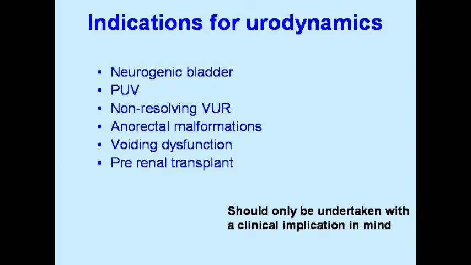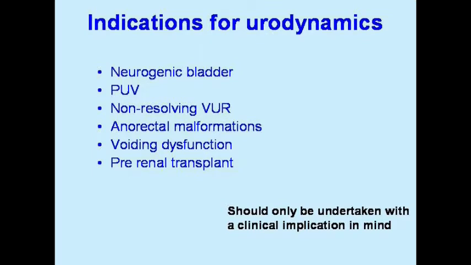The indications to perform urodynamics are neurogenic bladder of varied underlying etiology and posterior urethral valves. We have a protocol that we follow, and we perform the urodynamics at age 5 and 10 years and subsequently as clinically indicated.